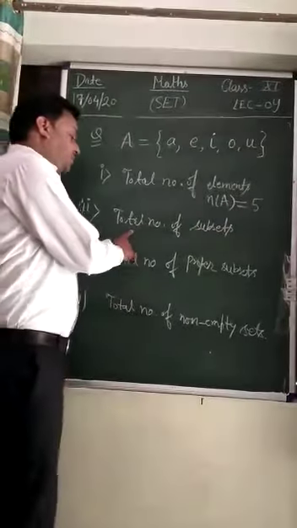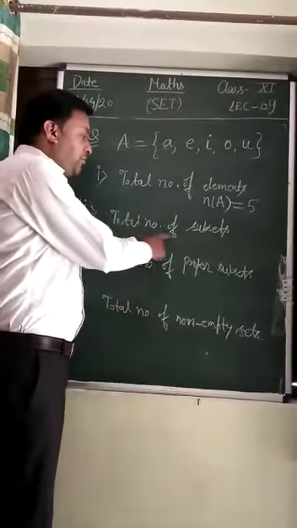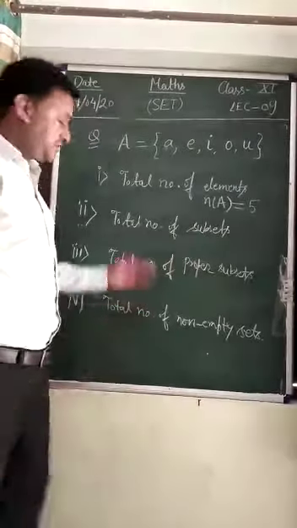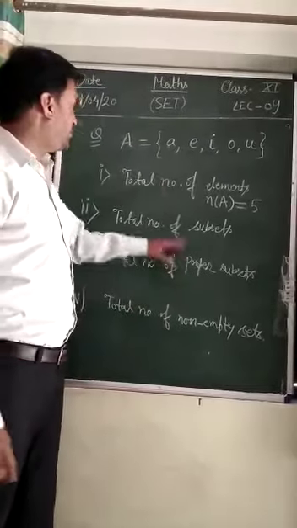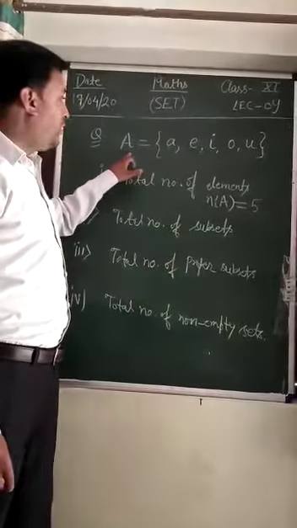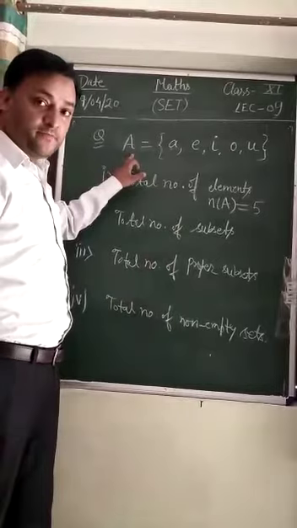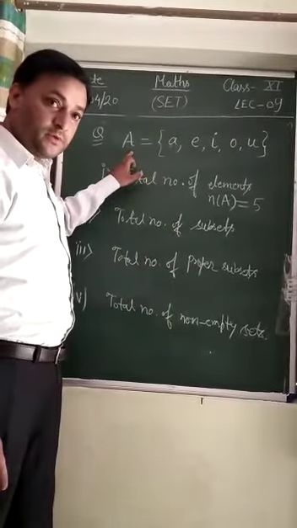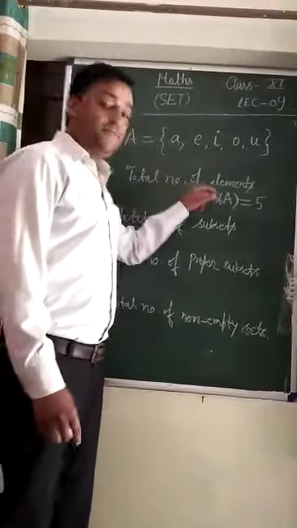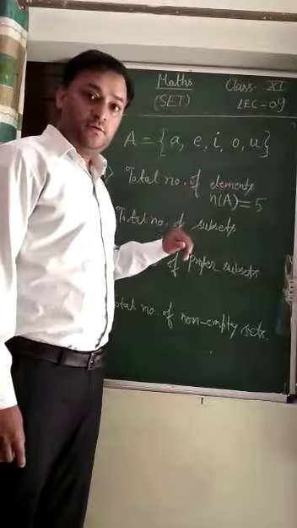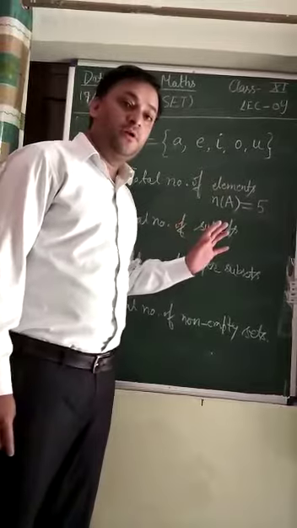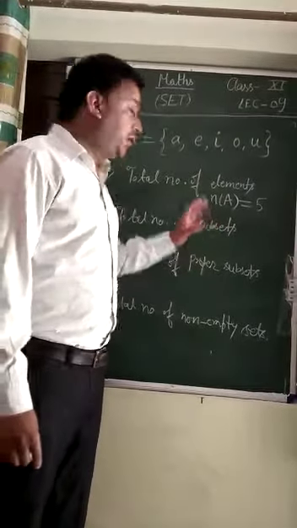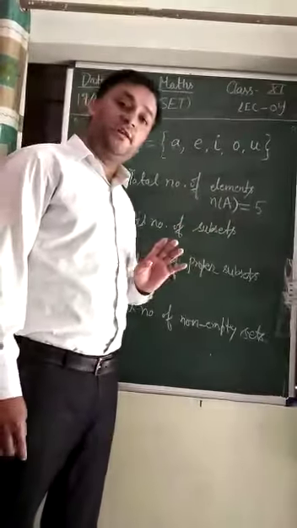Now students, the total number of subsets, which we have discussed. Just the total number of subsets in the set A. So how many total subsets are there, students? Now you have a formula: 2 to the power of n, where n is a natural number and n stands for the number of elements contained in the set.